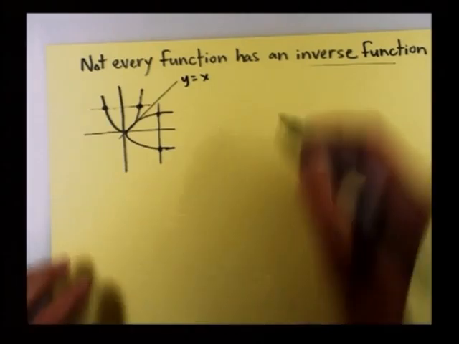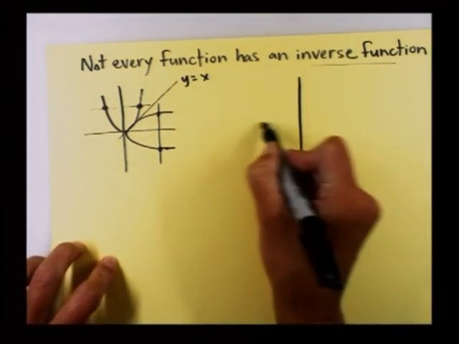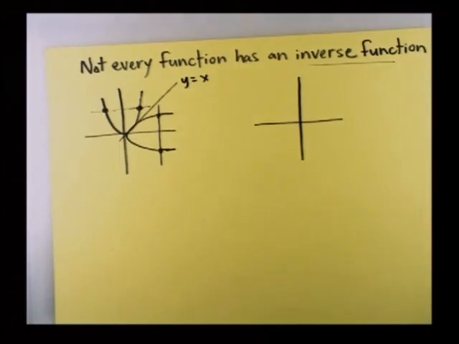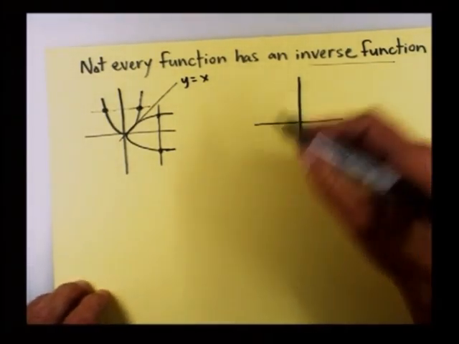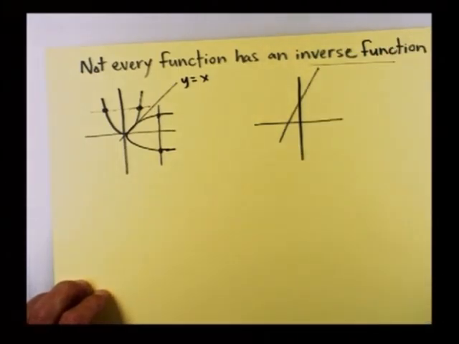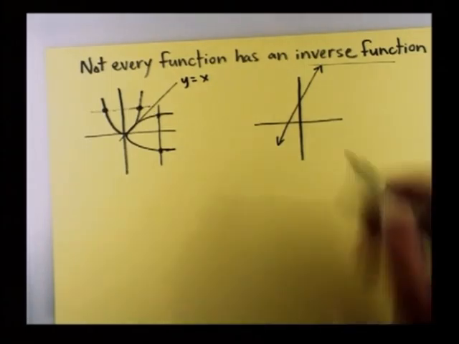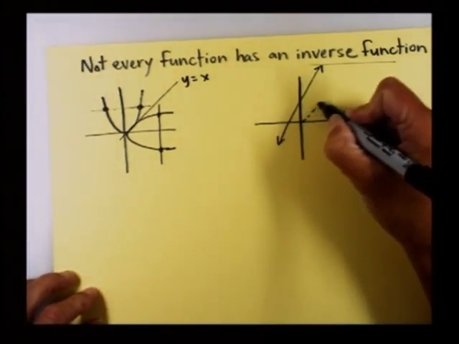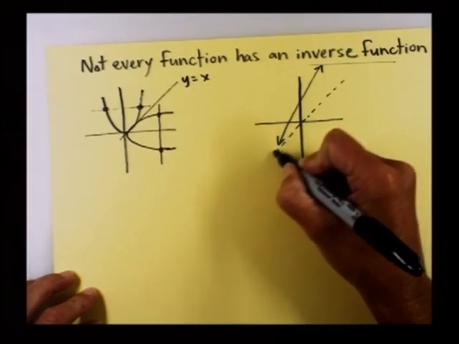Now, let's look at one that does. And we'll take a very simplistic one, but let's go ahead and take a look at just a straight line, linear graph here. Draw the reflection over the line y equals x.